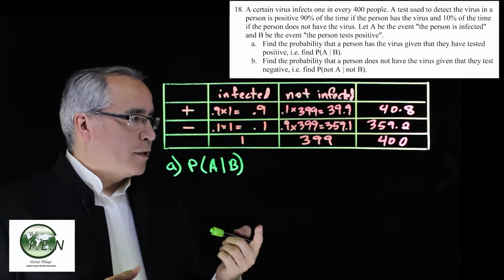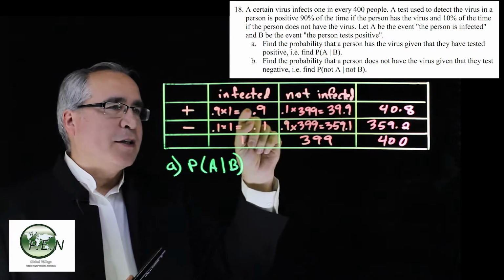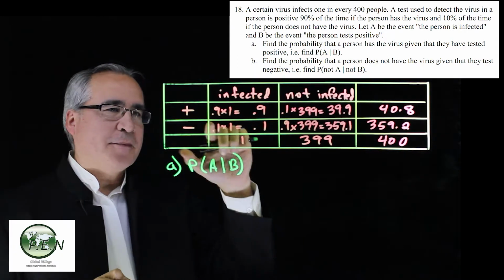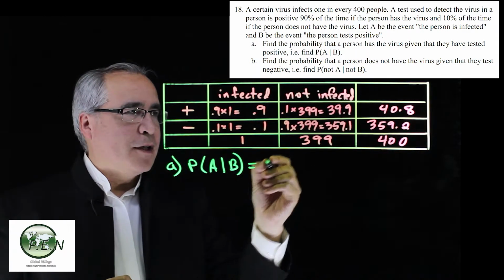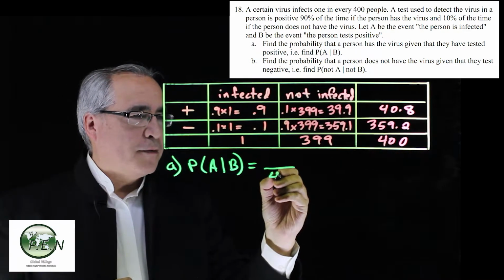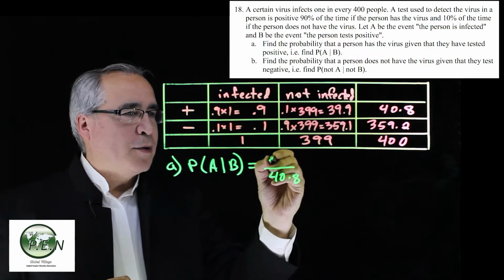The event A is that the person is actually infected. Okay, so let's get this straight. We're dealing with this row, so we know we're dealing with a total of 40.8, and those who are infected would be 0.9.